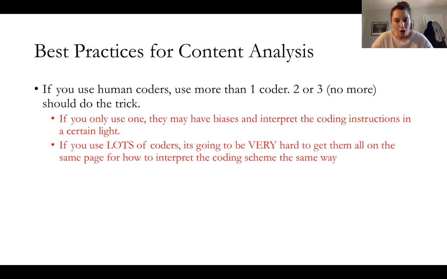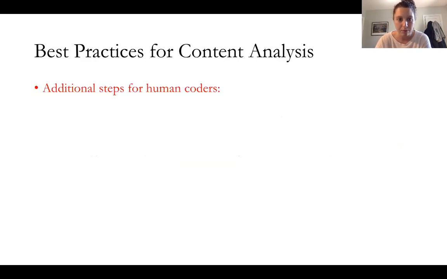It's really hard to get more than 2 or 3 people on the same page for how to interpret the rules that the researcher has written down to go about the coding. Most content analyses use 2 research assistants for this process, although I've occasionally seen 3.